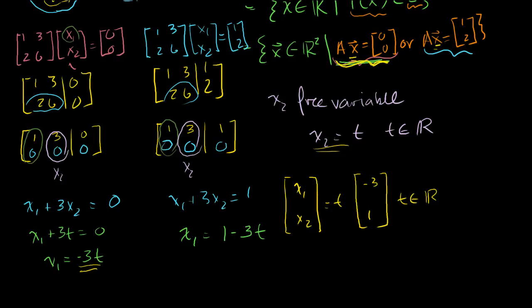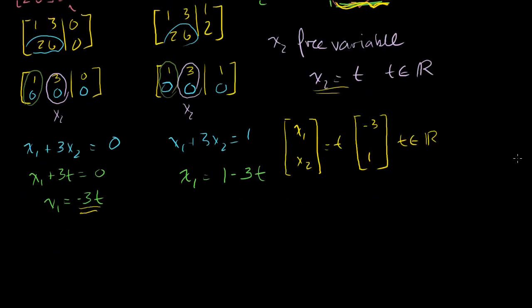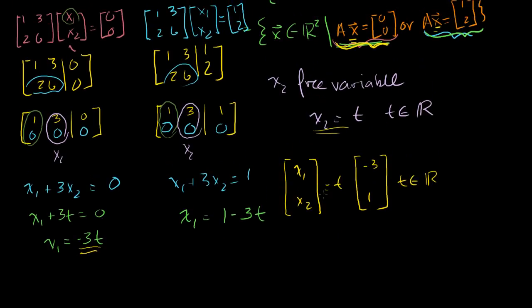And then the solution for the second equation, how can we set this up? It is x1, x2. And let's see, x2, once again, is just t times 1. So it's t times 1. That's x2. Now what's x1? x1 is equal to 1 minus 3 times t.